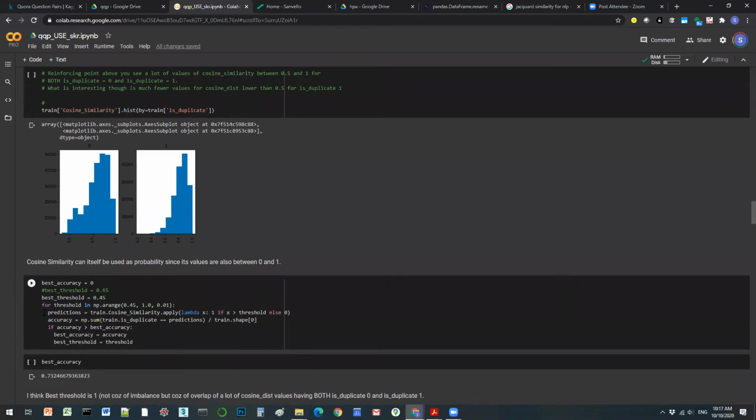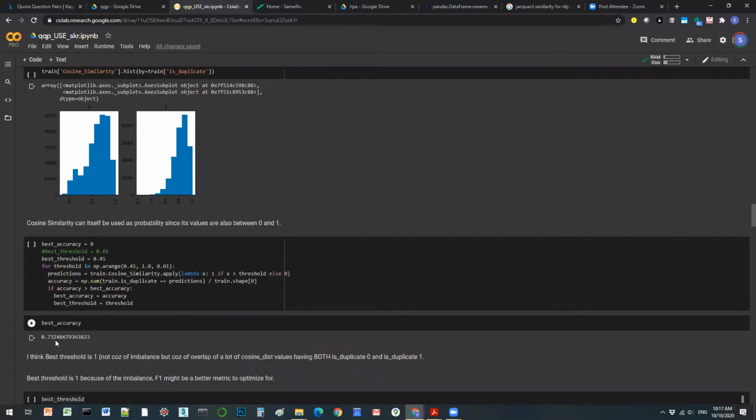And this part I definitely recall, your number was close to 0.99, which is the reason that you had this comment that best threshold is 1 because of the imbalance. F1 might be a better metric to optimize for.